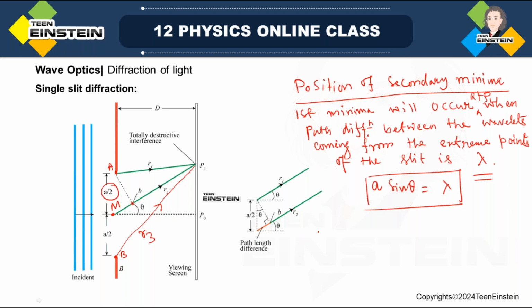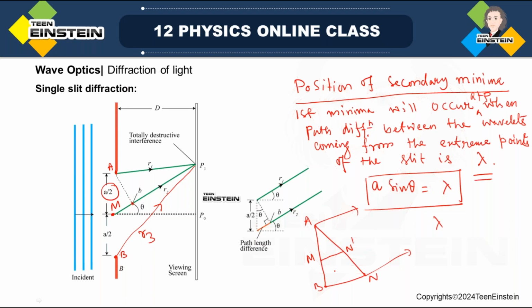See, if I have a triangle like this, and if the path difference between these two rays is lambda, then if I take this middle point, see this triangle, if this is a b n, and now this is a m, let us say this is n prime.